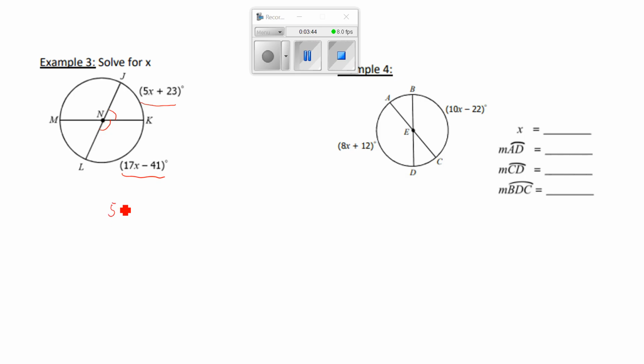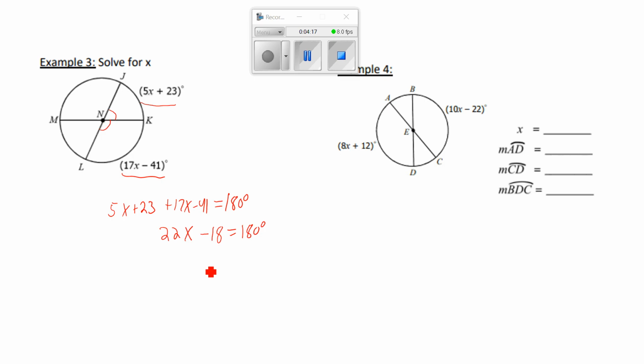So we got 5x plus 23 plus 17x minus 41 equals 180 degrees. 17x plus 5x goes to 22x, and then negative 41 plus 23 should go to minus 18, equals 180 degrees.